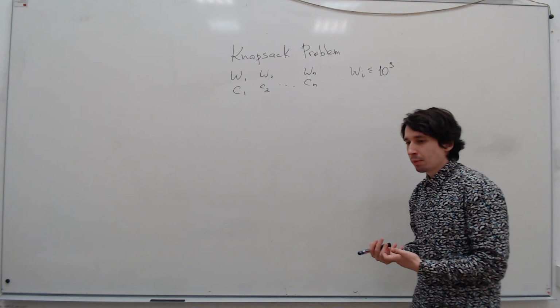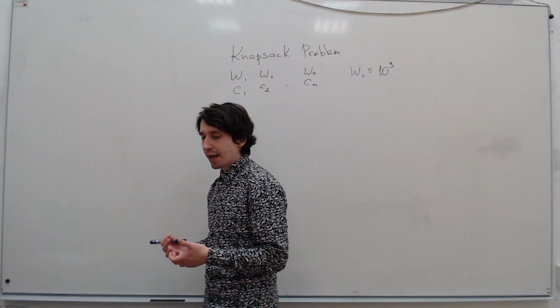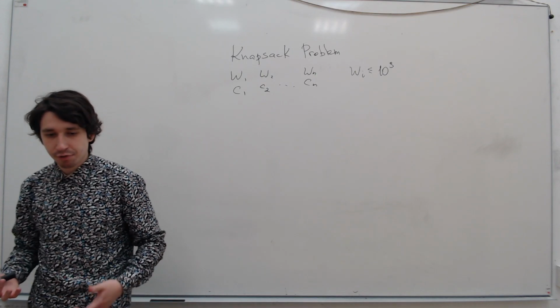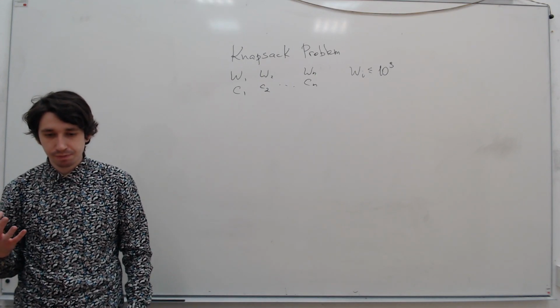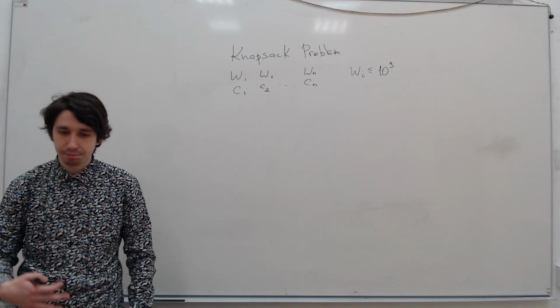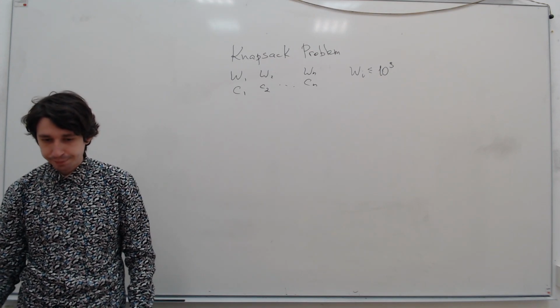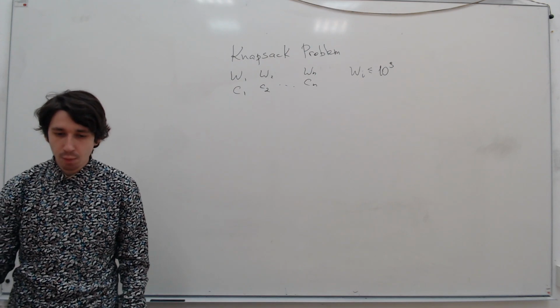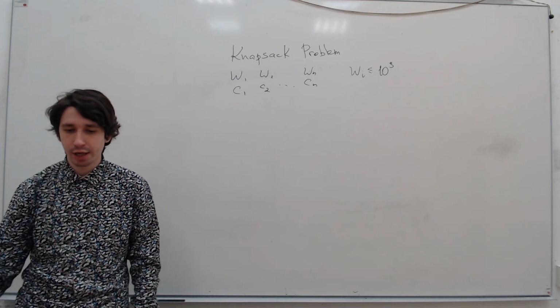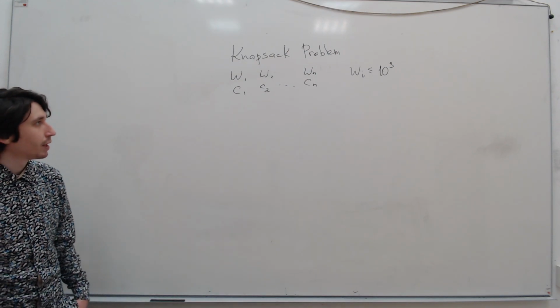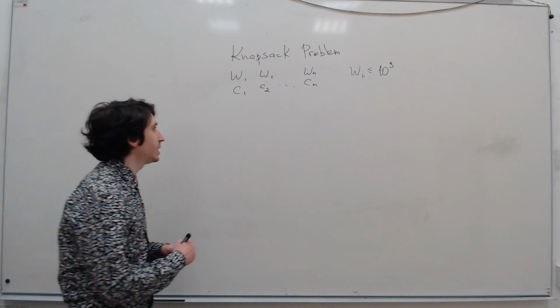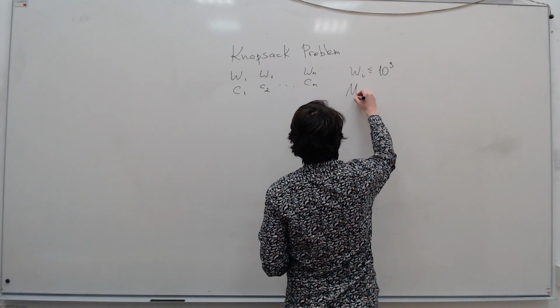In the previous problem, we used the fact that the capacity of the knapsack is very small, because our complexity depended on n and m. If m was not huge, we could calculate that problem in reasonable time. But what if the capacity is also huge?